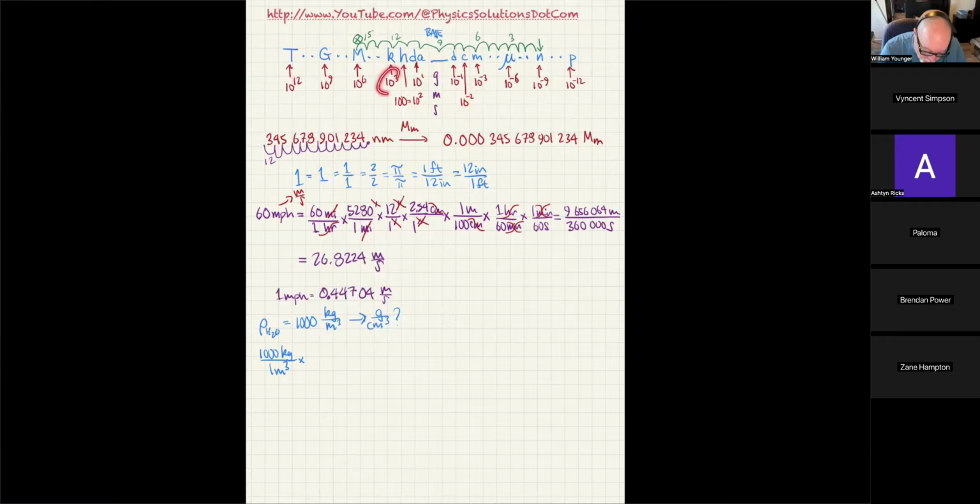So 1,000 grams is equal to 1 kilogram. So let's go ahead and handle that first because it's really, really easy. I'm going to say 1 kilogram is equal to 1,000 grams. So that way already we've managed to convert it to grams per cubic centimeter.